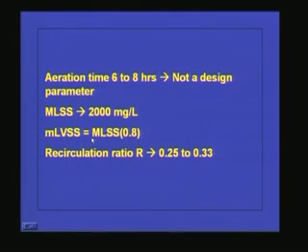Many experiments were conducted in the lab and the field, and it is found that if you take a ratio of 80% or 0.8, we can get the MLVSS. In other words, MLVSS is 0.8 times MLSS. And the recirculation ratio in the conventional process varies from 0.25 to 0.33, sometimes it goes up to 0.5 also.